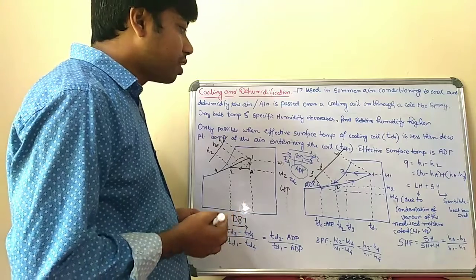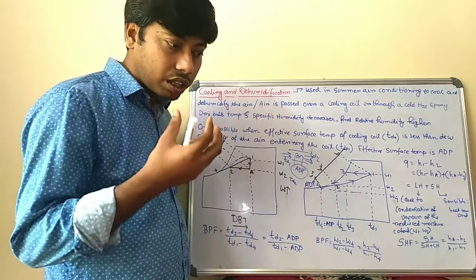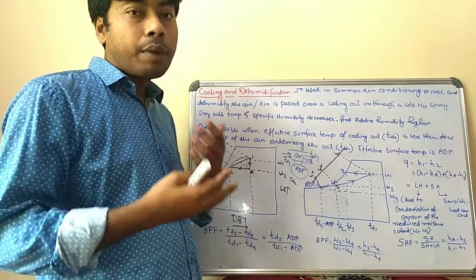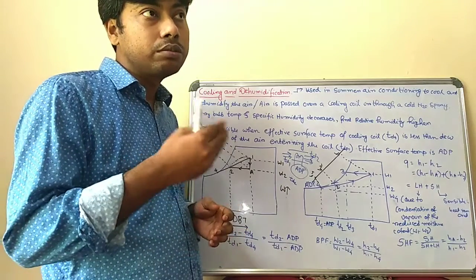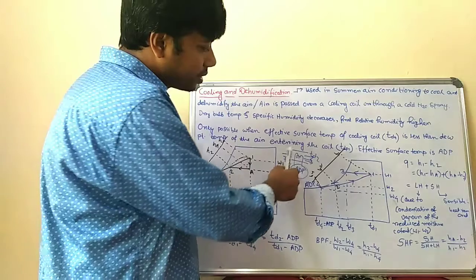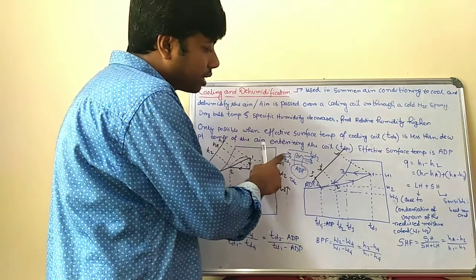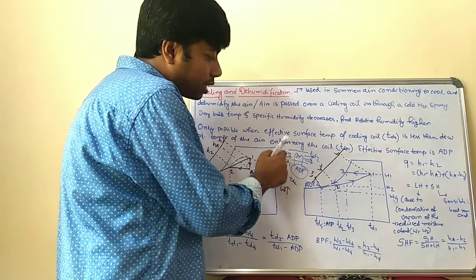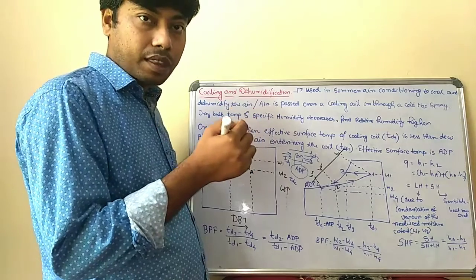For the dehumidification process, the air should contain some amount of moisture. When the air contacts the cooling coil at the apparatus dew point temperature, first of all you have to measure the dew point temperature of the entering air.